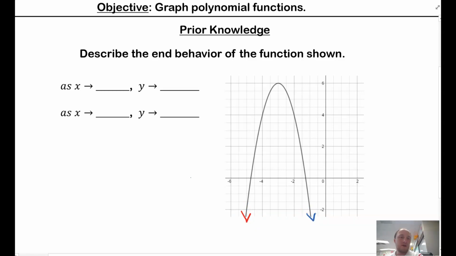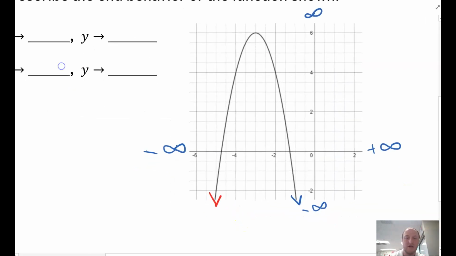So again, you need to think about end behavior as what's happening to the x values, okay, so left, right, and when we have arrows, we're going to be going either to negative infinity or positive infinity, okay, and also for our y values. So if we think about this, I'm going to make just like an ordered pair down here. Okay, if this was an ordered pair, what would the x value be and what would the y value be?